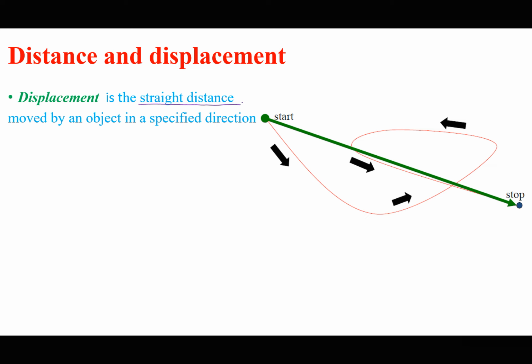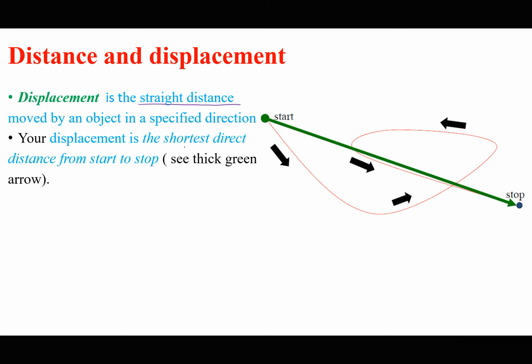That is what we call displacement. So your displacement is the shortest direct distance from start to stop. It is the shortest direct distance from the starting point to the stopping point. That's what we call displacement.